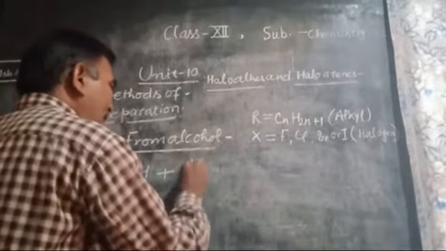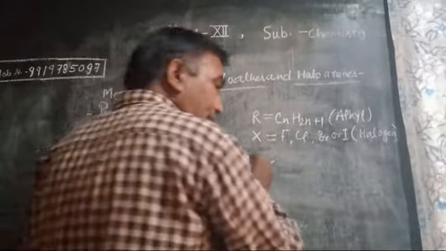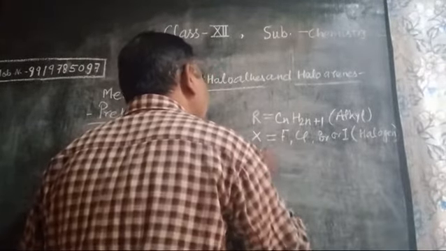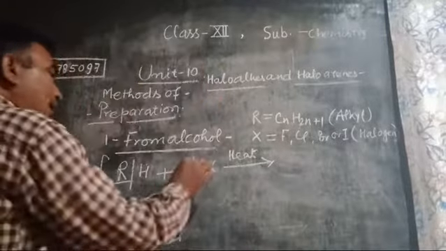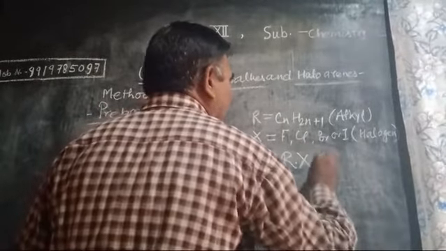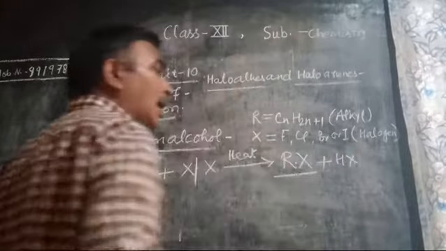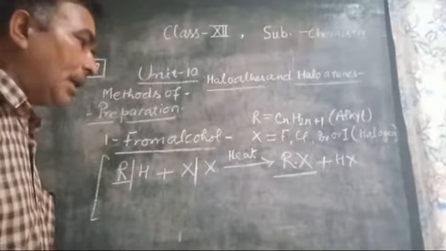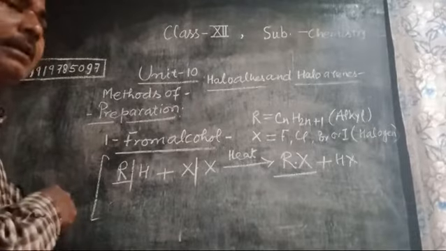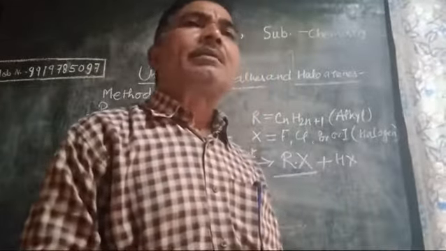When it is treated with halogen in the presence of suitable catalysts, or heated directly with halogen, then the corresponding alkyl halides are formed and hydrogen halides are obtained as byproduct. So you can prepare haloalkane from alkanes directly on photolysis with halogens.